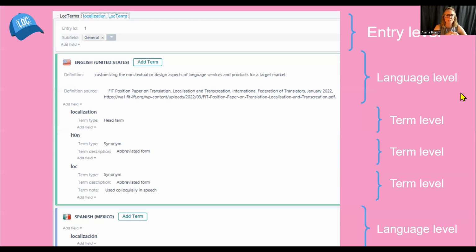We don't put the definition, or at least it's not recommended to put the definition, at the concept level, although that is sometimes done for a number of reasons. First of all, it just isn't logical, right? If you have a definition written in English, obviously that's not the definition for the terms that are collected for the concept in Spanish.